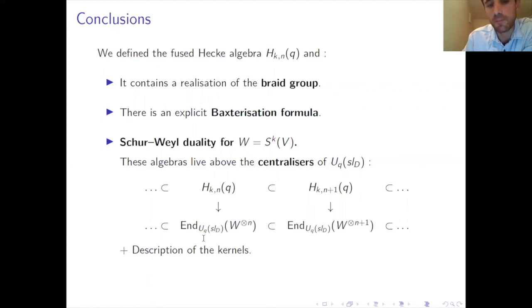So I'm pretty sure that this algebra controls in a way the polynomial quantum invariants coming from U_q(sl_d) and this representation W. This definitely has to be investigated because I think it's very interesting.